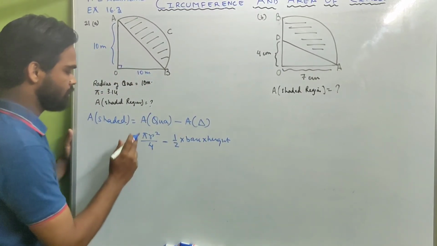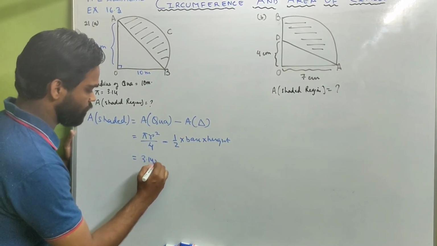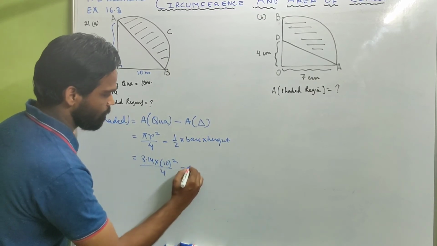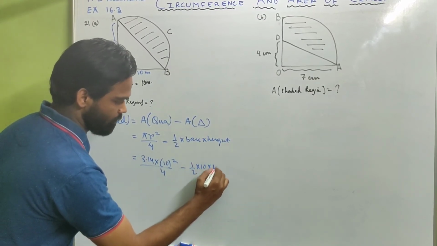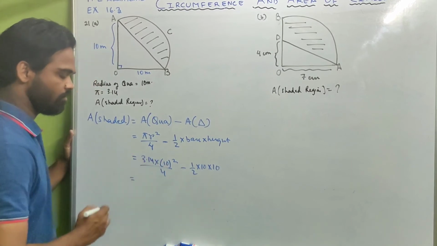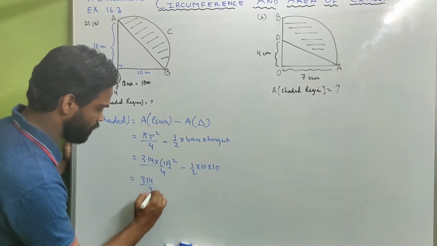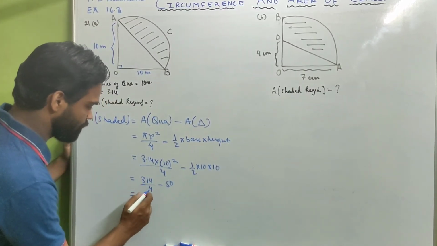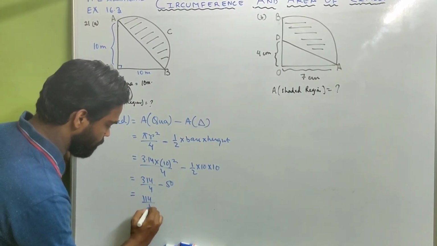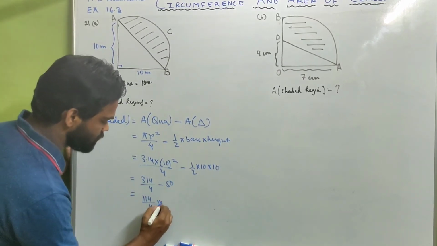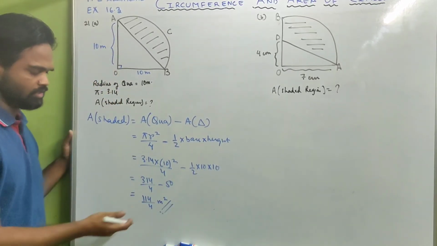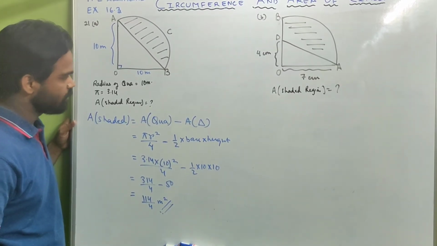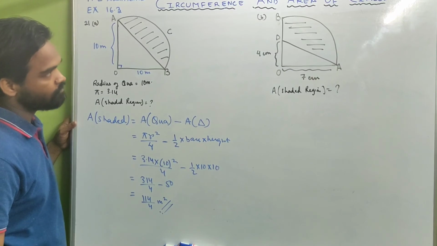So for the area of the quadrant, they have told us to take pi as 3.14. The radius is 10, so 3.14 into 10 square by 4, minus half into 10 multiplied by 10. That is how much? That's 100. That's 314 by 4 minus this is 50. So that's 200. That's 114 by 4 meter square. That's your area. You can change it into a decimal or mixed fraction. Okay, so that's your area of the shaded region.